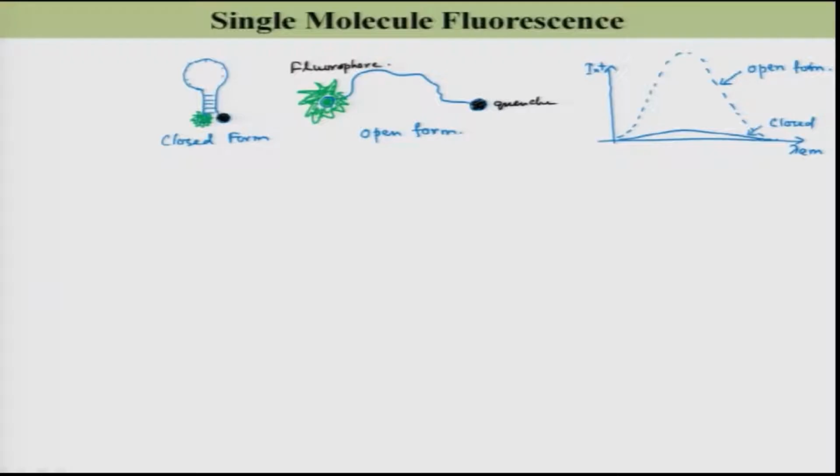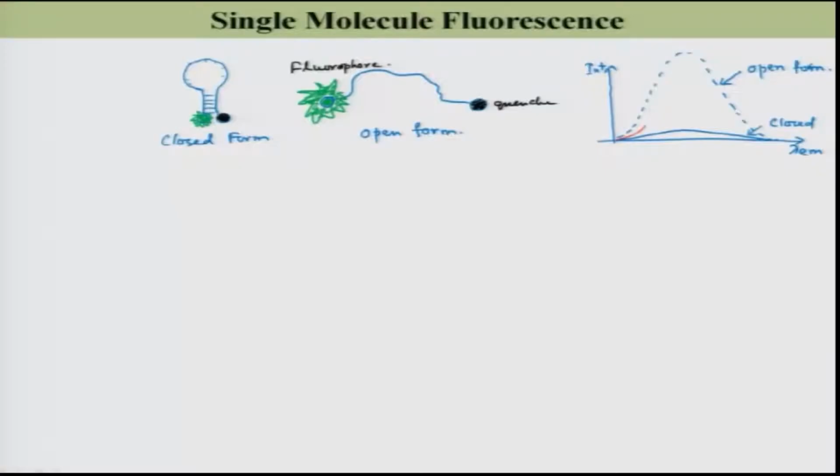Now consider you have taken this molecule in a different solvent and what you are getting experimentally is something like this. This is your measurement. So my question is, what is your conclusion?